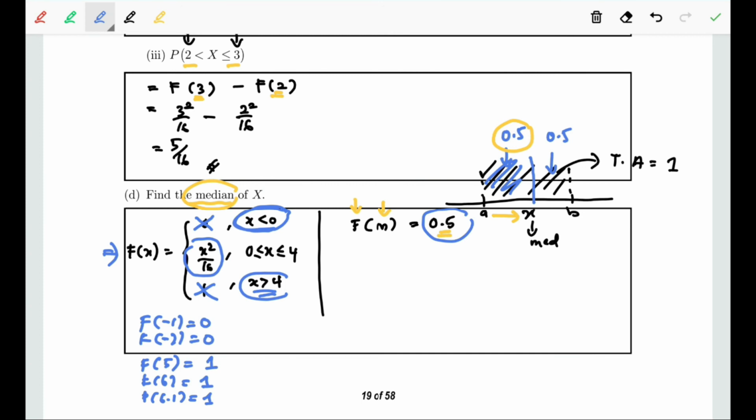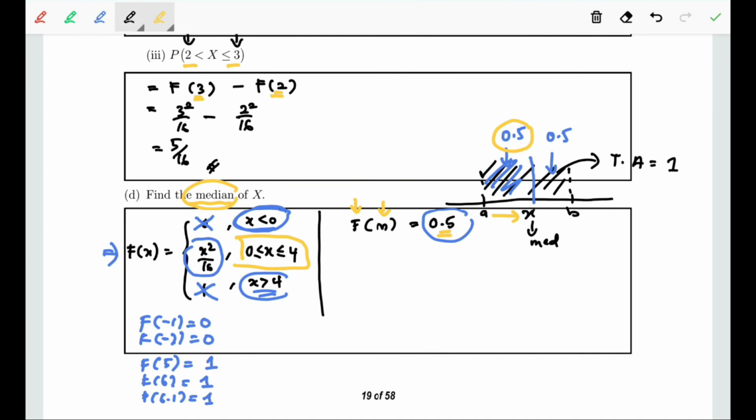So the x we want to find should be in between the range of 0 until 4. It could be 0.1, 0.2, 2, 3, any x.